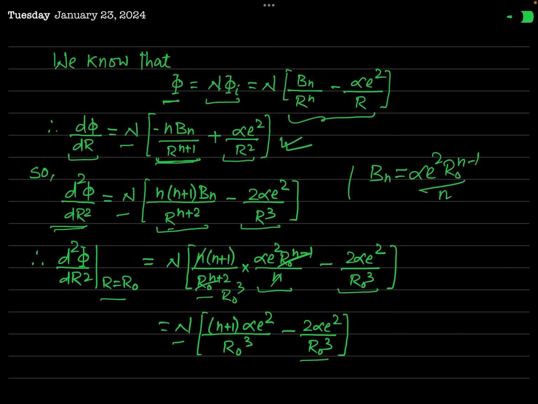And you can see we can take this alpha e square over r naught cube as a common factor. So taking this as a common factor, what will be your result? You can see this will be n plus 1 minus 2, and n plus 1 minus 2, this is n minus 1.